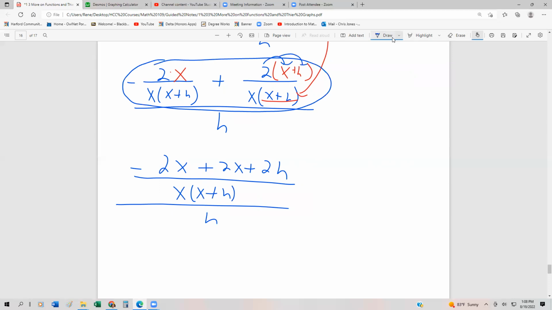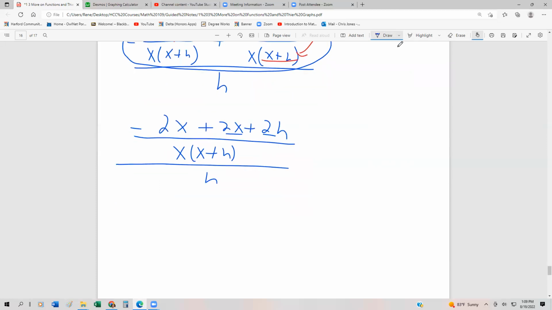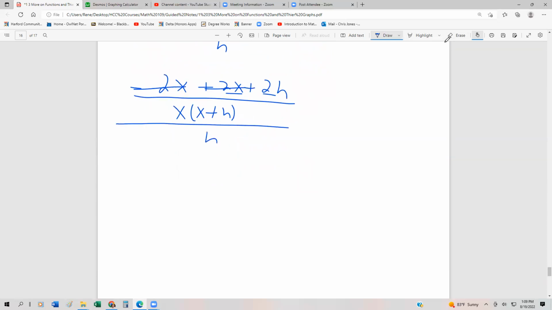That's where this 2x and 2h came from. And then I just melded it into one fraction in the numerator. Notice now that we have a negative 2x and a positive 2x, so they cancel out. And now I'm left with 2h over x times x plus h, divided by h.